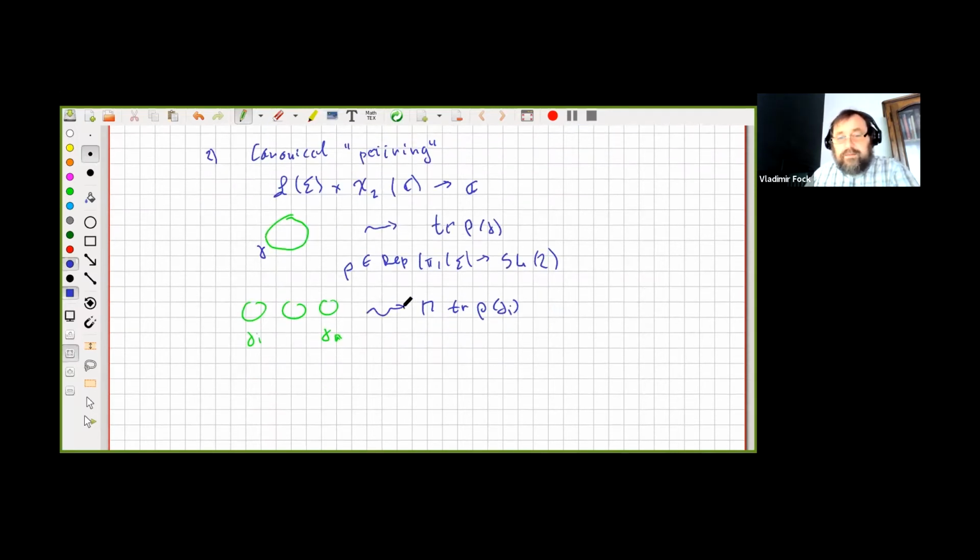So this is a way how one can define a function starting from laminations to complex numbers, and the claim is that this correspondence gives you a basis of functions on the space chi2, which is a canonical basis in a certain sense.